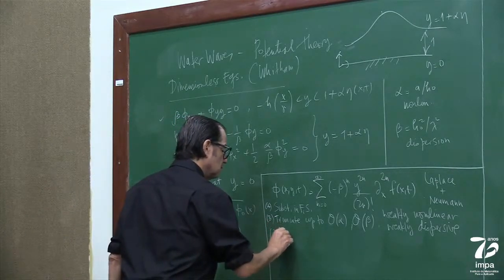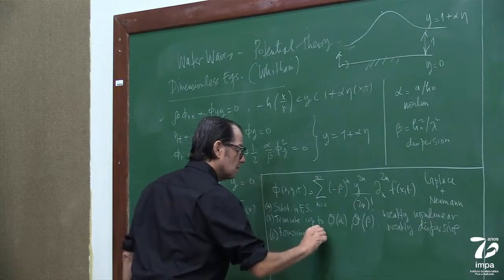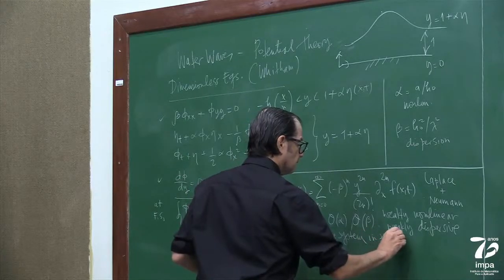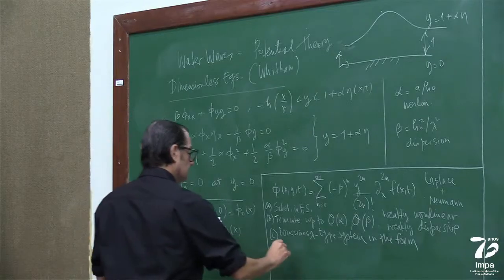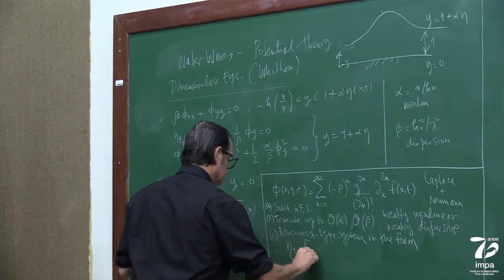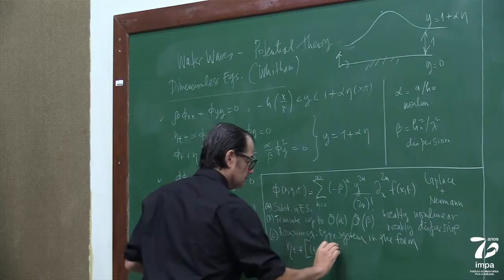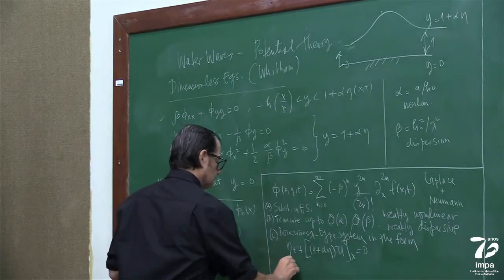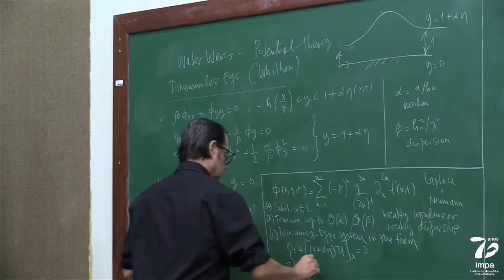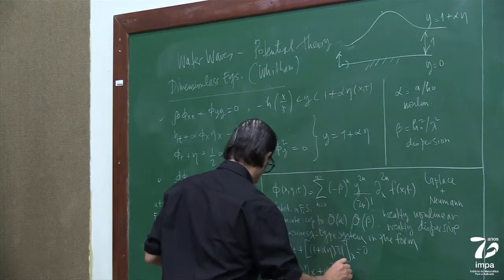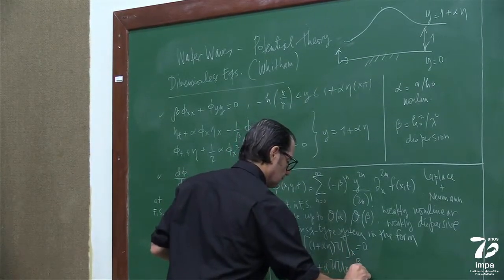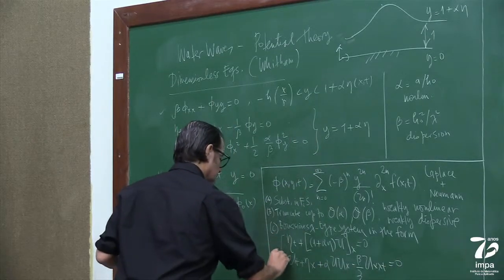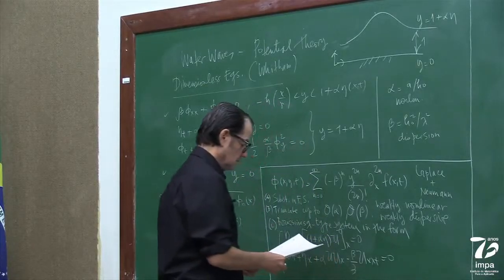So I'm going to write, we found a Boussinesq-type system in the form eta t, okay, and where?